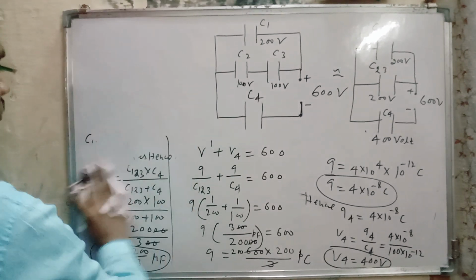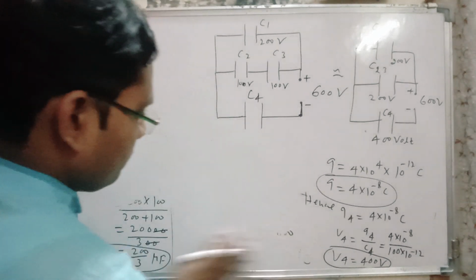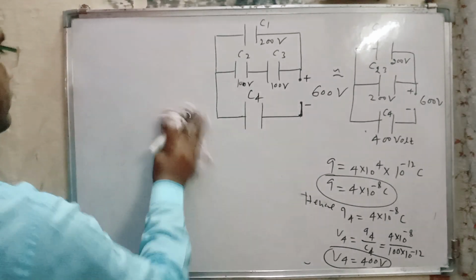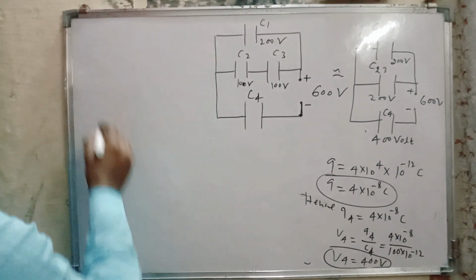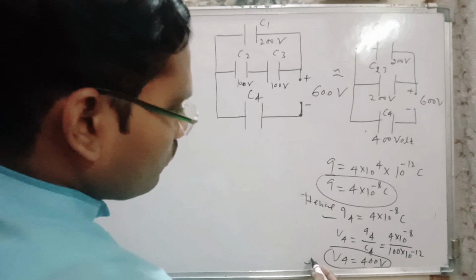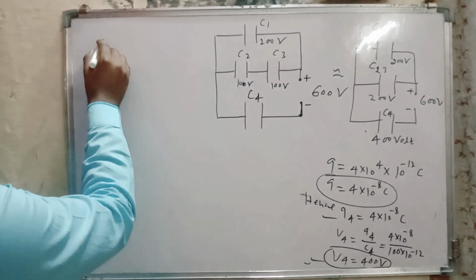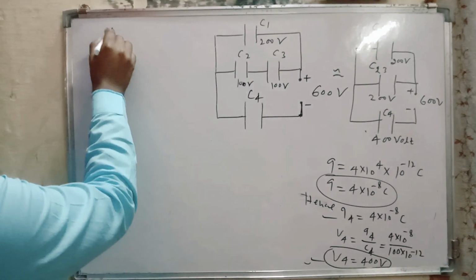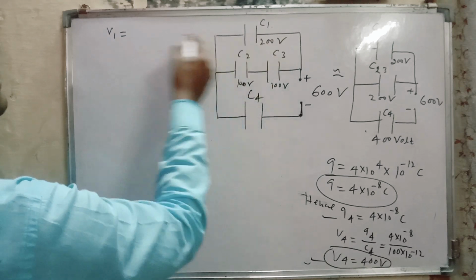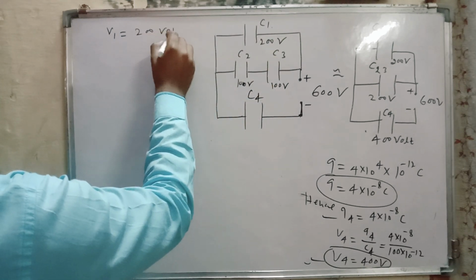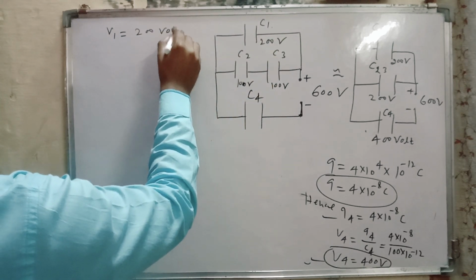Now here Q4 V4 is found. Now we have to find V1. This one is the first capacitor. V1 is equal to 200 volt.